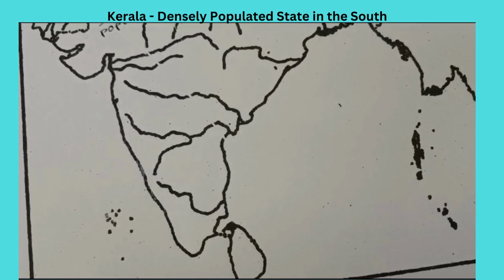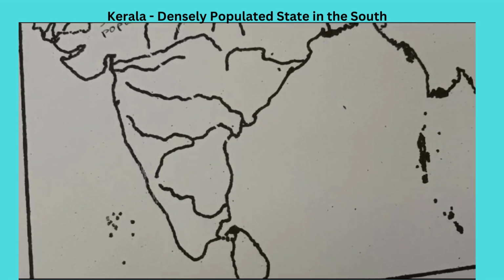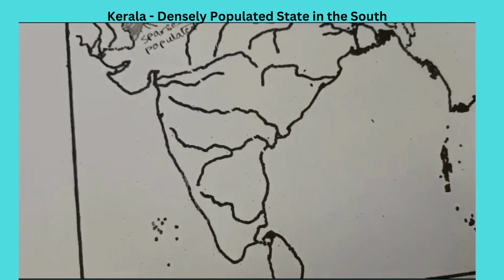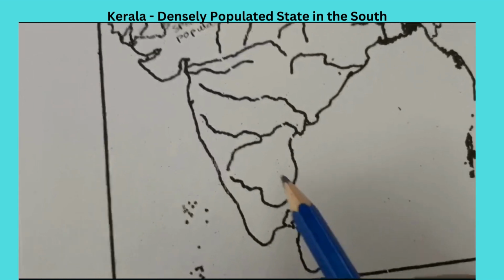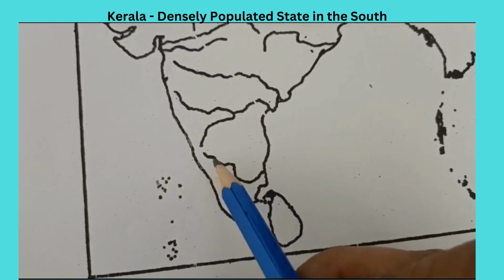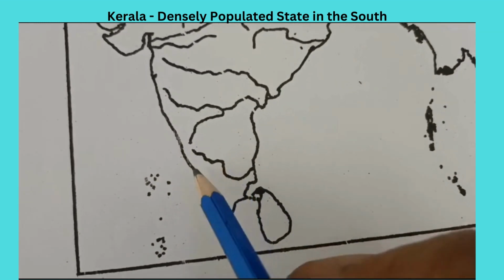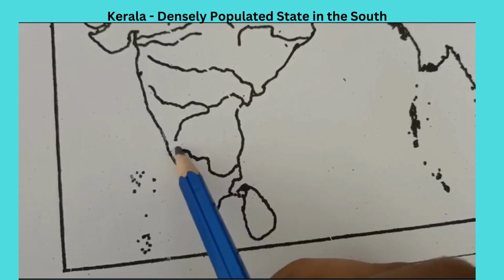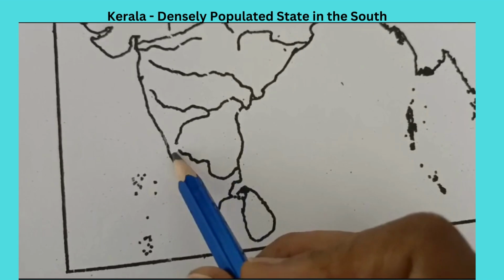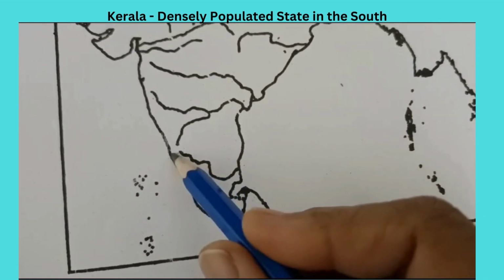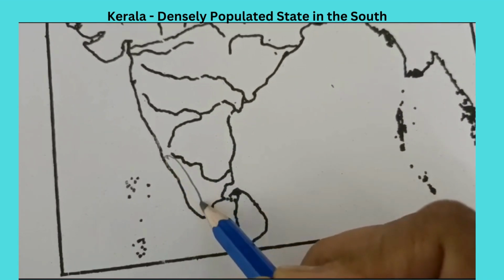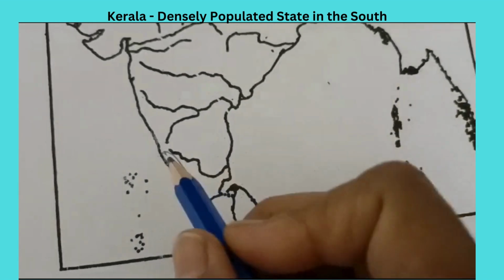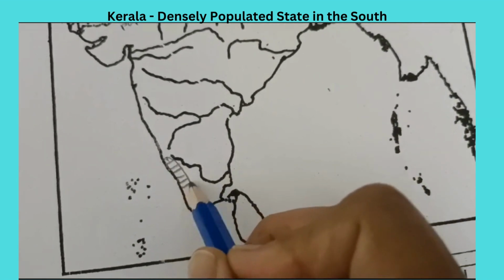Our next marking would be the densely populated state in the south, that is Kerala. In the previous map we have marked the Malabar coast. So we take the same demarcation, that is Kaveri river here, and then come down to the center and shade this.